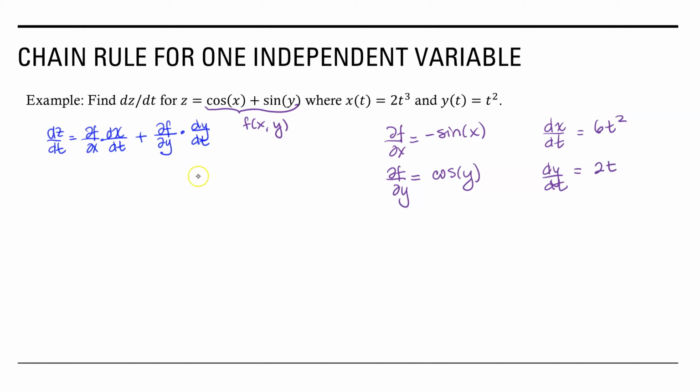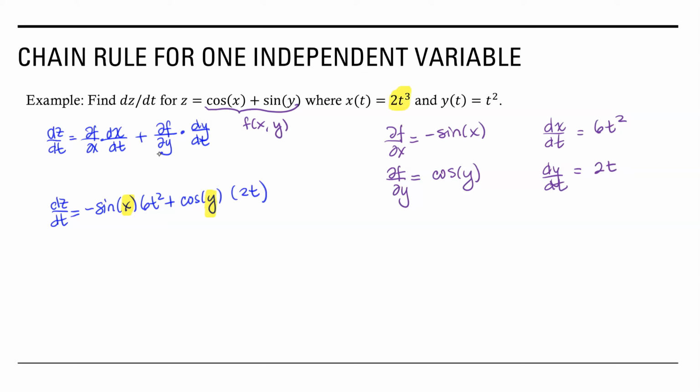Now we're ready to assemble all that information here. So dz dt equals partial of f with respect to x, so negative sine of x, times dx dt, so that's 6t squared, plus partial of f with respect to y, that's cosine of y, times dy dt, so that's 2t. And now I do need to substitute in for x and y.